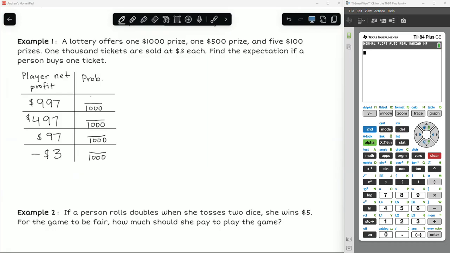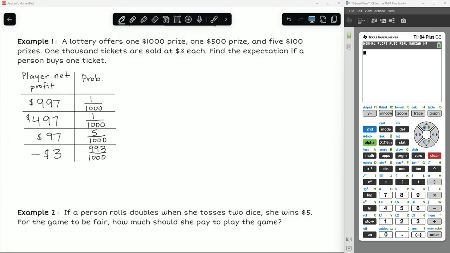And I was told 1 $1,000 prize, 1 $500 prize, and 5 $100 prizes. That's 7 prizes out of 1,000 tickets. So that's going to leave me with 993 tickets left. If I have 7 tickets that are winning, 993 are losing.